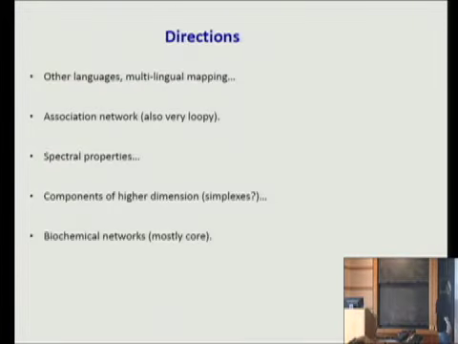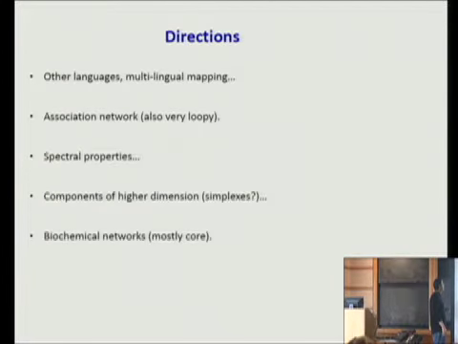Another thing that I didn't have time to discuss is the spectral properties of this graph. This is a big matrix, and you can look at the spectra, and actually you see a very interesting spectra that combines properties of random graphs and more structured objects.